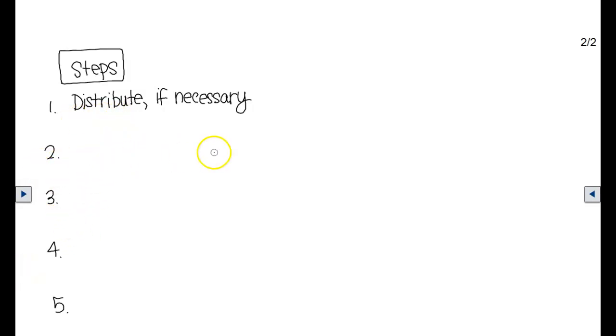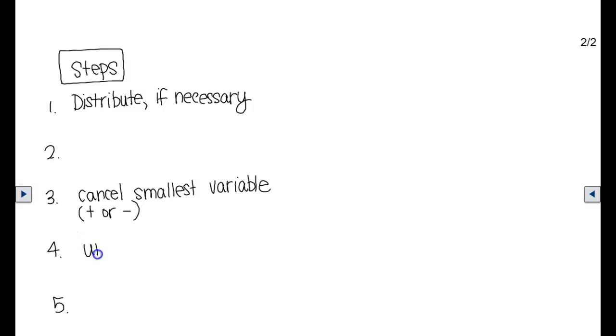I'm going to skip number 2. You also know from the last thing we did that you cancel the smallest variable. Okay, to do that, you add or subtract to cancel that smallest variable.